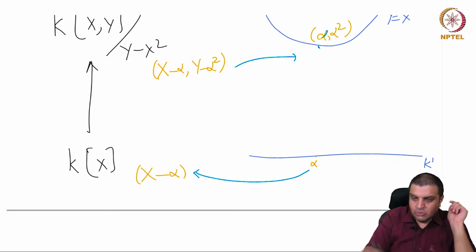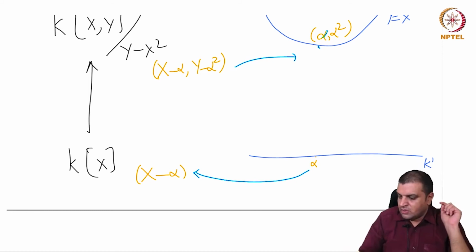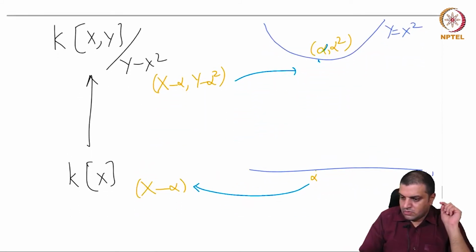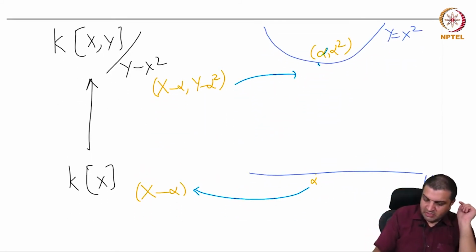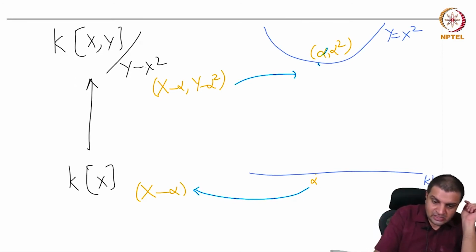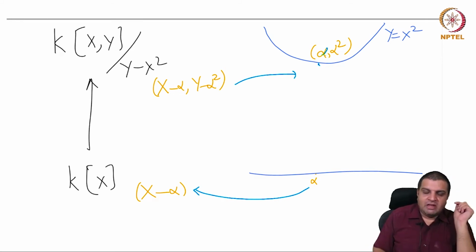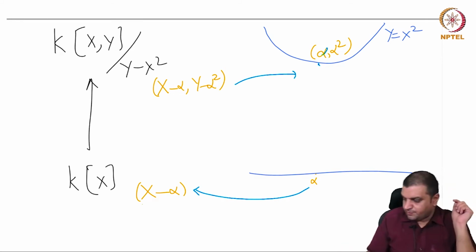So that is how we do this calculation. We start with an alpha, we consider this prime ideal here, extend it and see what is the quotient ring that we get. So it is a quotient ring of Kxy modulo this ideal. Inside K2 it is the point alpha comma alpha squared.